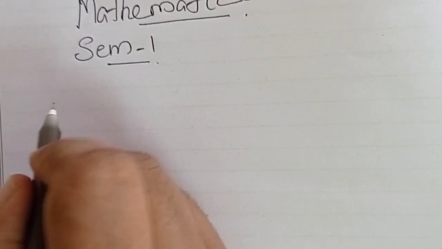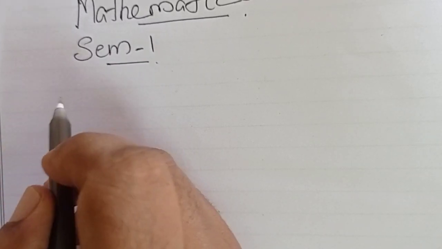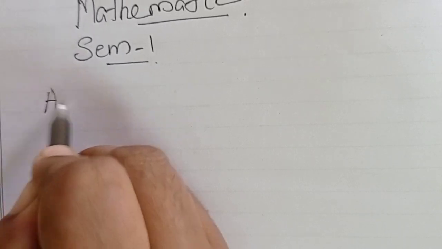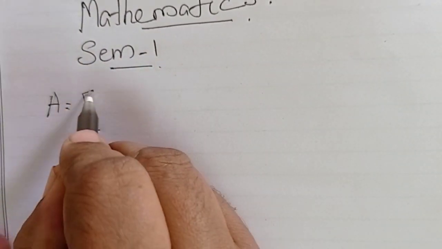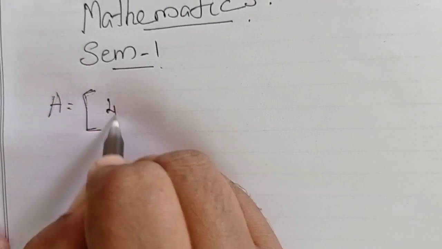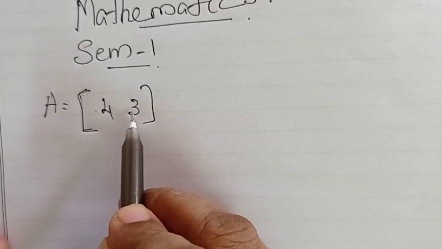Here the first one is from the chapter matrix. I will explain some notes from this matrix. You know that a matrix is a rectangular array of numbers arranged into rows and columns. And the second one is, if you write the matrix [4, 3], then this is known as a row matrix.